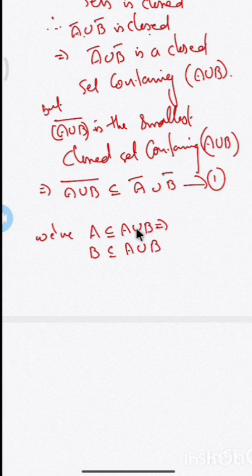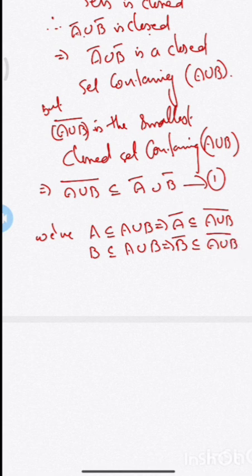So A contained in A union B implies A closure is contained in A union B whole closure. Similarly, B contained in A union B implies B closure is contained in A union B whole closure. Which implies A closure union B closure will be contained in A union B whole closure. So this is the second implication.